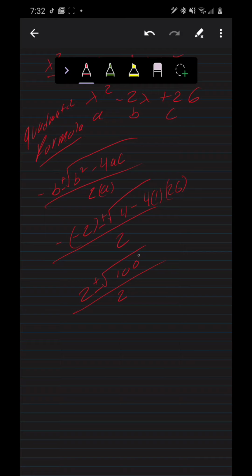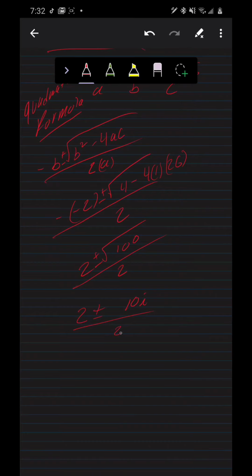And then we do the square root first. So it's going to be 2 plus or minus 10, over 2. Sorry, I'm super slow with this. So what we can get from this is you can divide it. So it's going to be 1 plus and minus 5i. And this is going to be one of our eigenvalues.